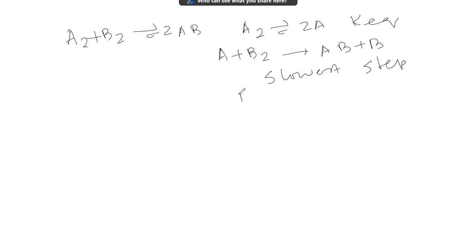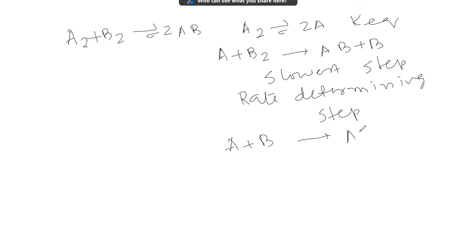The slowest step is sometimes known as RDS, the rate determining step also. Then A plus B gives you AB. Now it is the slowest step.